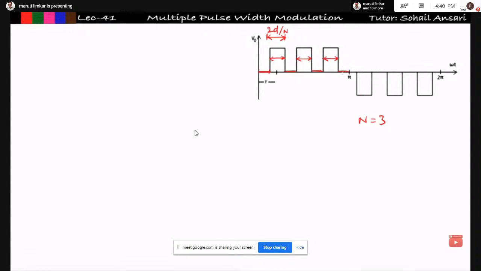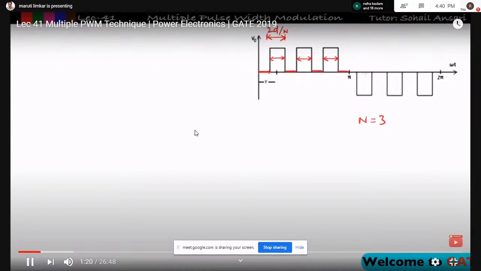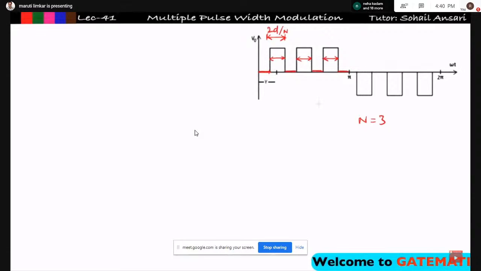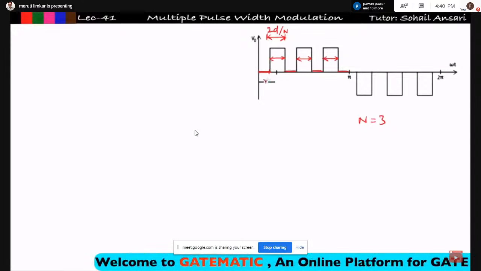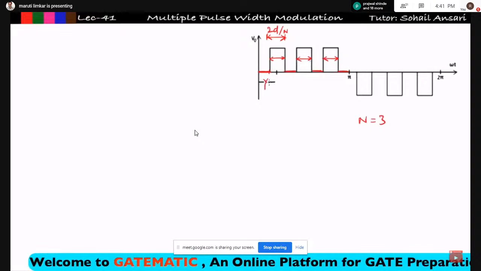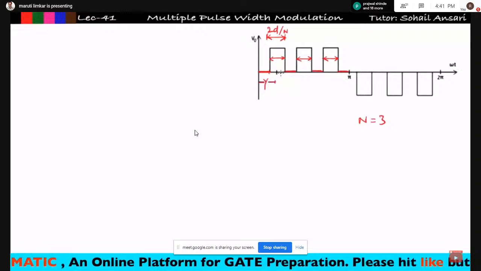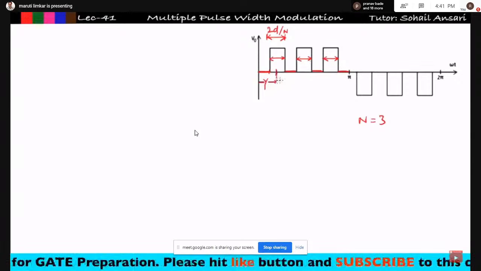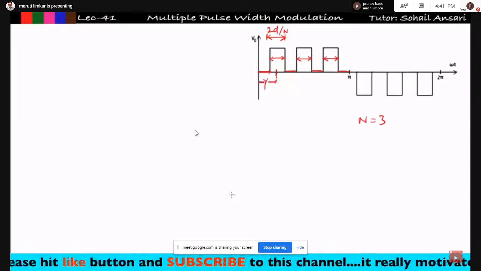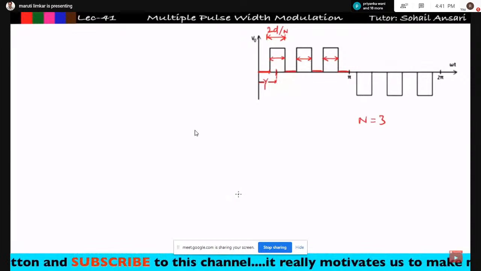So per half cycle we are getting 4 space widths for n equal to 3. Are you getting this? Let us denote this parameter gamma. Gamma is the angle from 0 to half of the pulse width. You should know all these things, because in order to derive the Fourier series expression you need to know them.